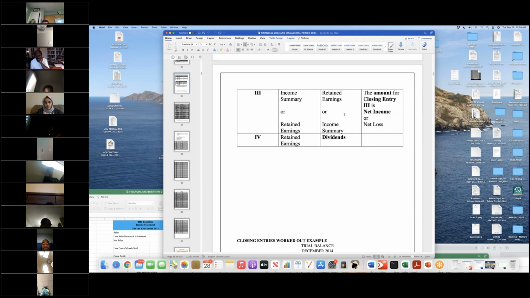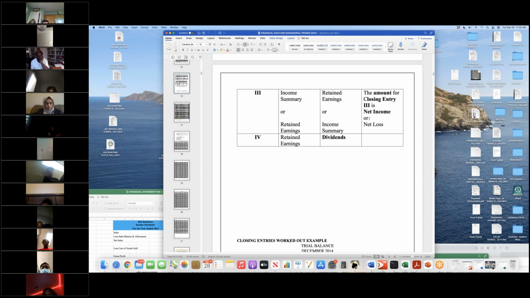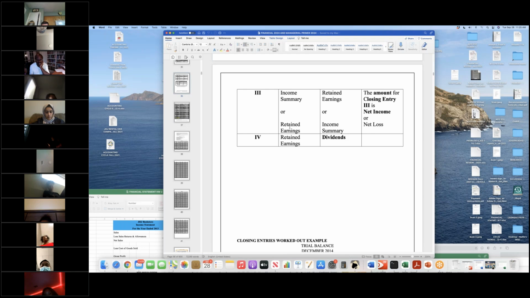Closing entry 3 is always the net income or net loss on the income statement. If it's income, we debit income summary and credit retained earnings. But if it's a loss, we reverse that. We debit retained earnings and credit income summary. Closing entry 4, we close out the dividends.